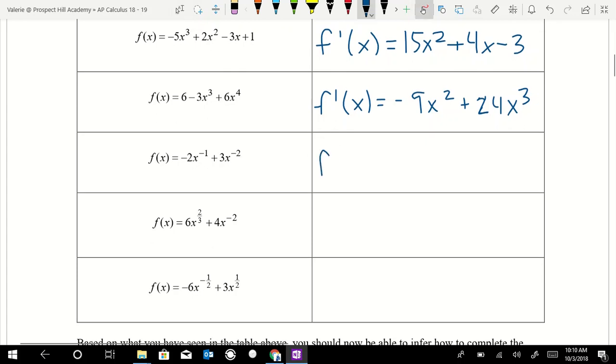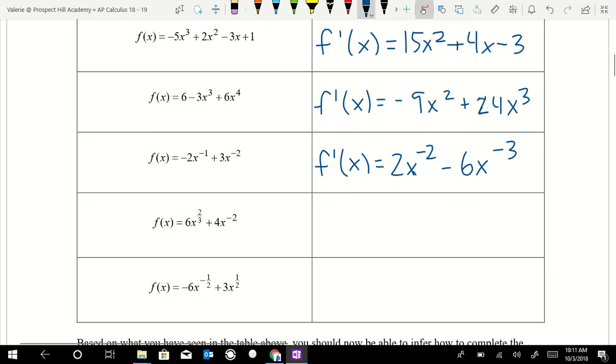For the next one, f prime of x equals 2x to the negative 2 minus 6x to the negative 3.